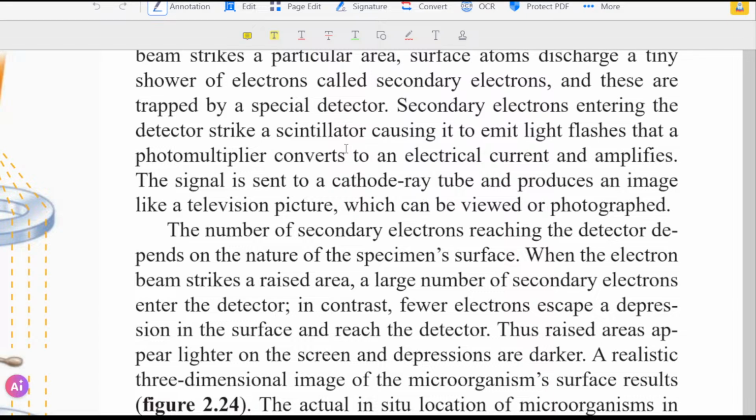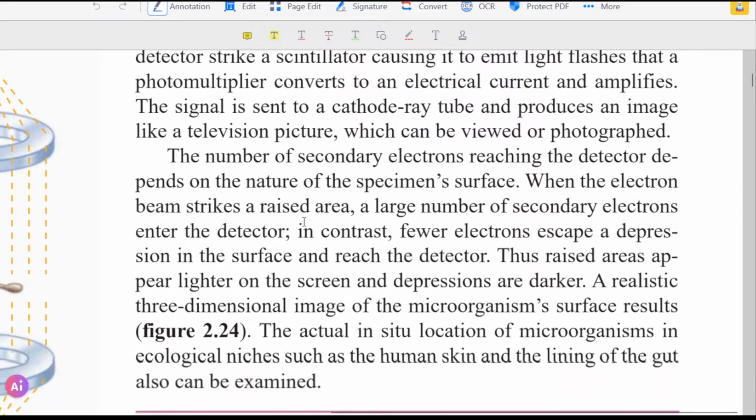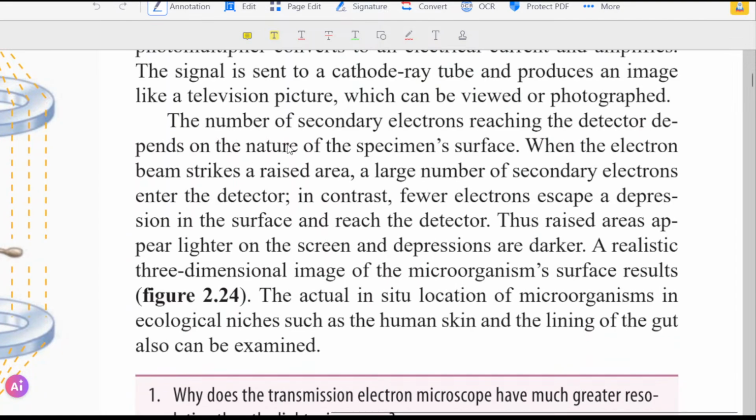The computer has its own machinery mind to make an image out of those patterns, and that pattern image is now viewed and photographed.